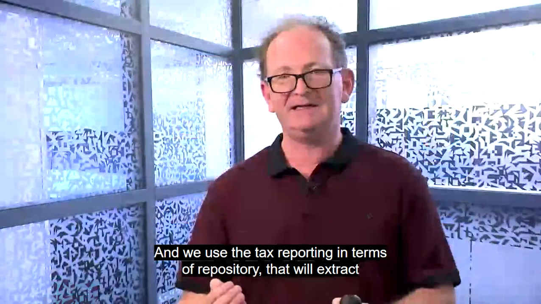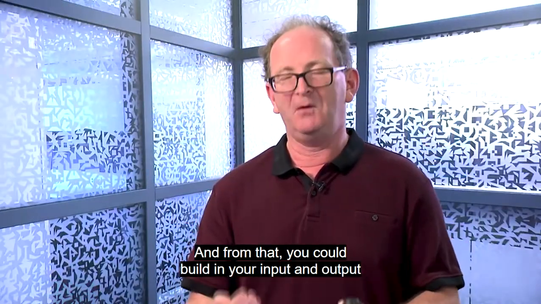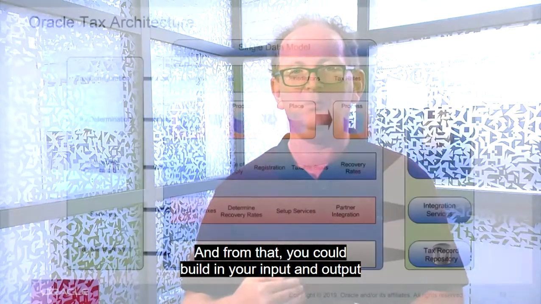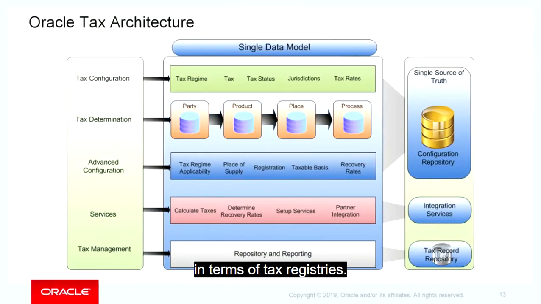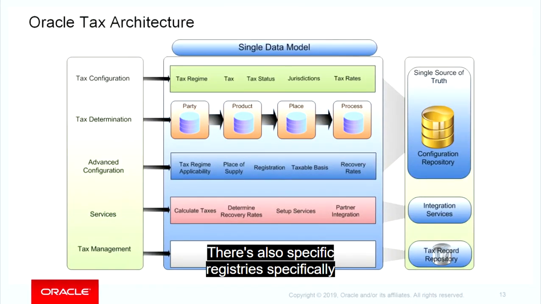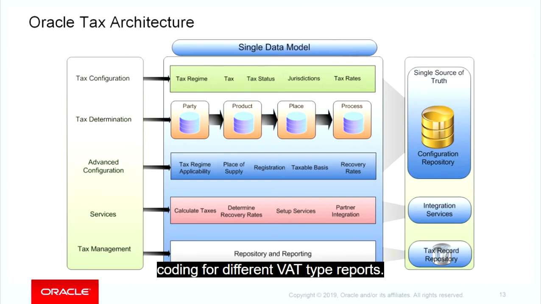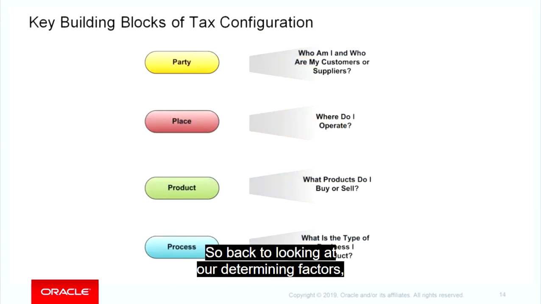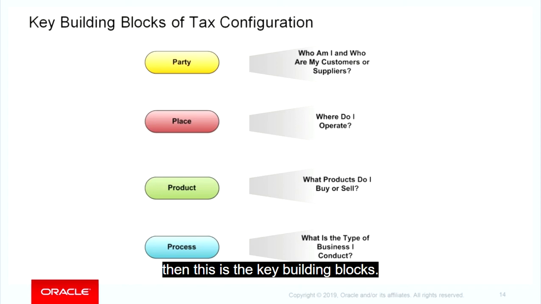That will extract the data into an interface table, and from that you could build in your input output in terms of tax registers. There's also specific registers specifically for sales tax, and all the country specific coding for different VAT type reports.